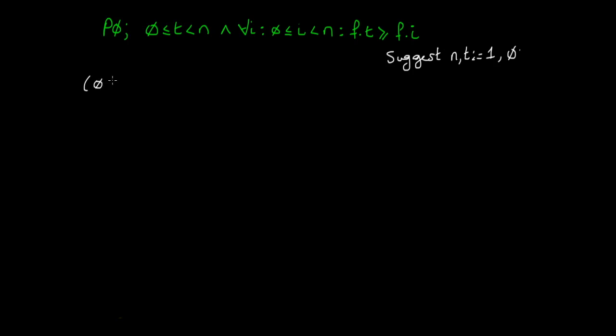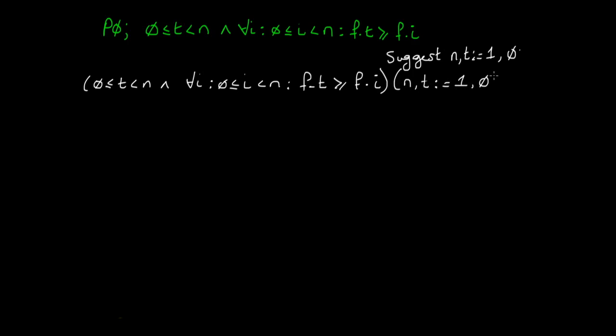So we'll have 0 and t less than, well actually let's write it out first and then do the substitution. So we'll have, for all I greater than or equal to 0, less than n, f dot t, and of course f dot t is greater than or equal to f dot I, and we will substitute in n comma t becomes equal to 1 comma 0.